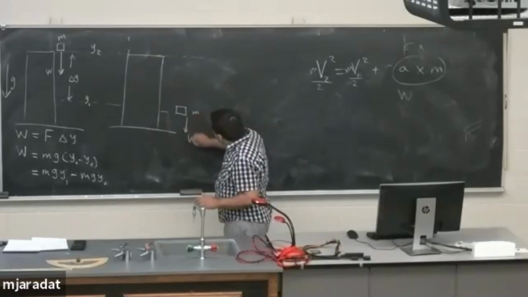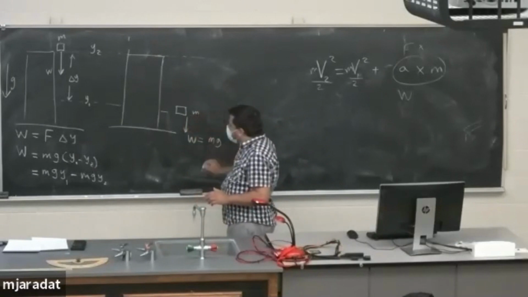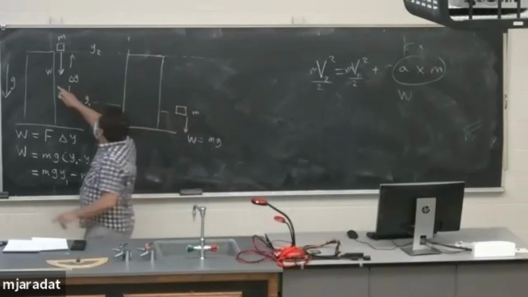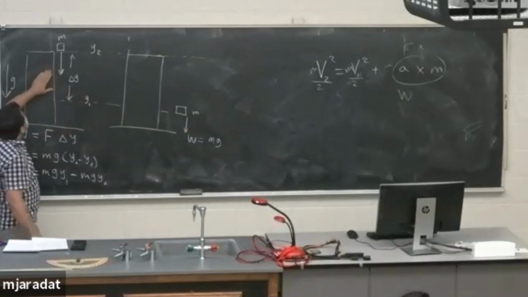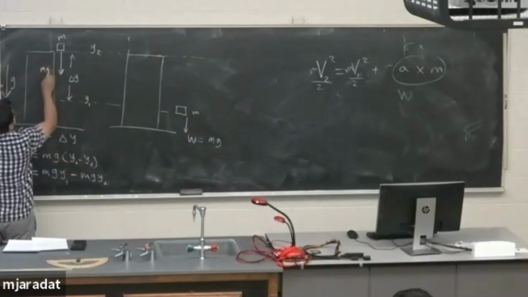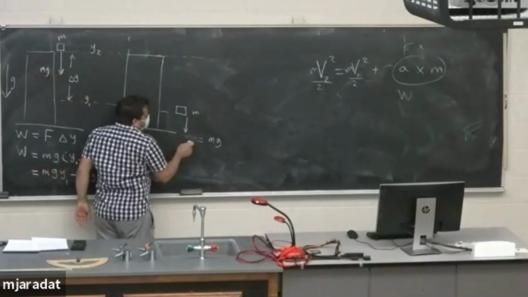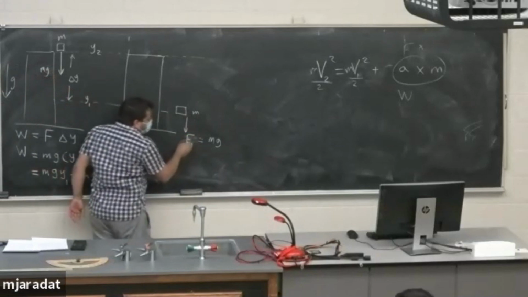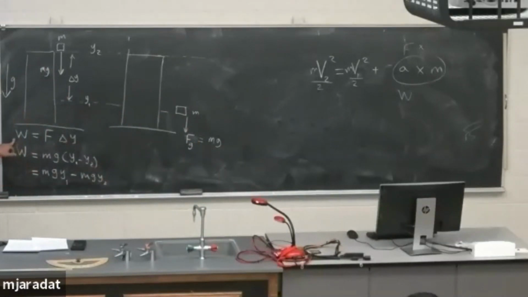We have the weight, which is equal to mg. I will write the weight as mg, and W is for the work.